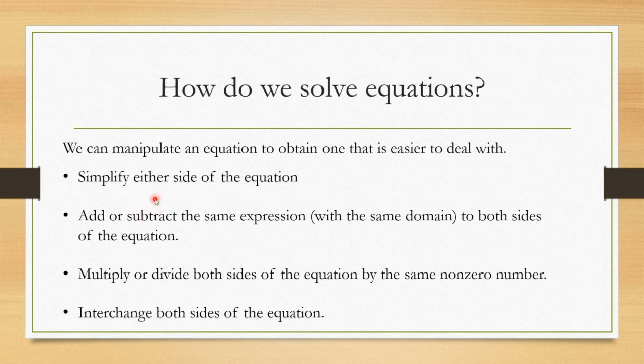The whole point is you want to obtain an equation that's much easier to deal with, one you can solve more easily. And when you solve that equation, you get the solution set to the original one. That's the whole point of this.